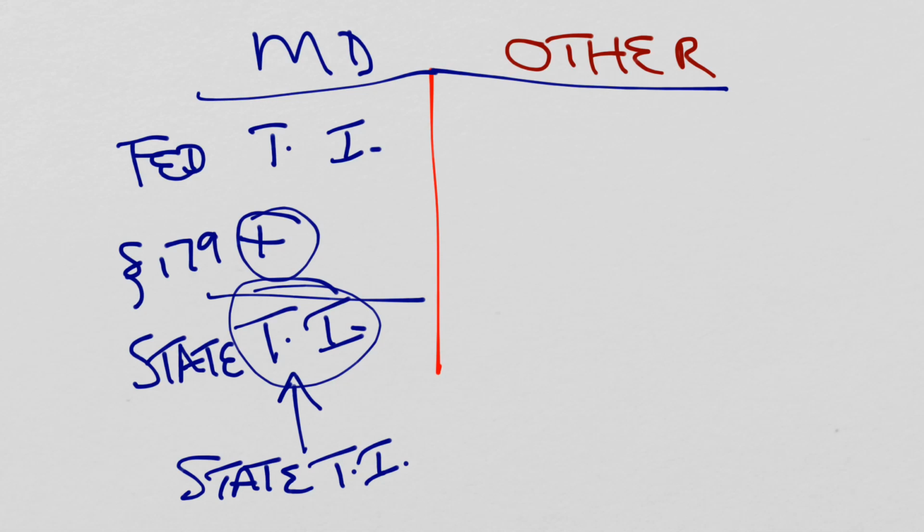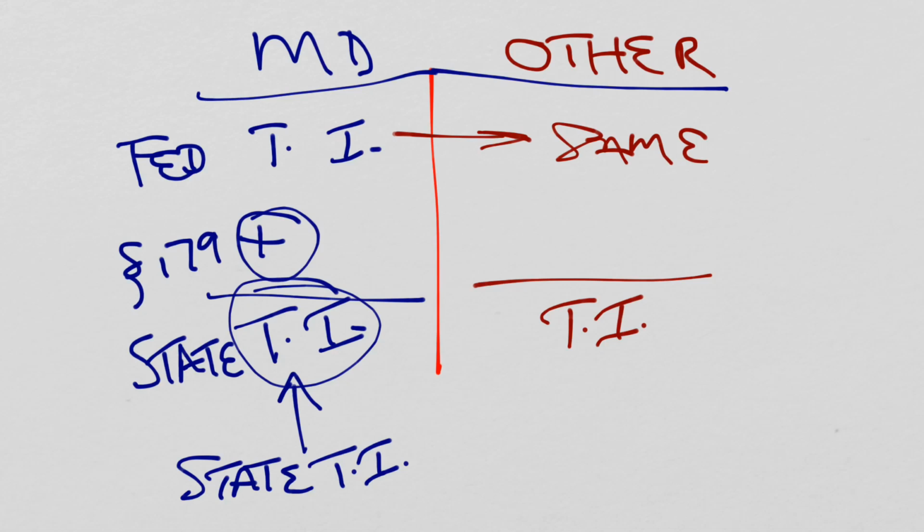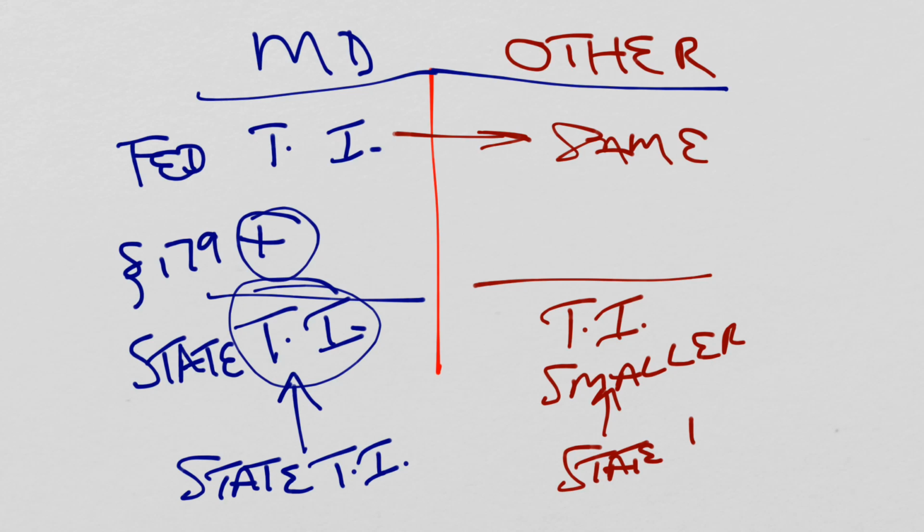And that could compare to another state where it starts with the federal taxable income, the same, but then allows for the Section 179, so it doesn't add it back. So its taxable income could be a lot lower, could be a lot smaller, since it allows for the deduction at the federal level, and therefore the apportionment factor, which is applied here, winds up with a smaller state taxable income in that state.